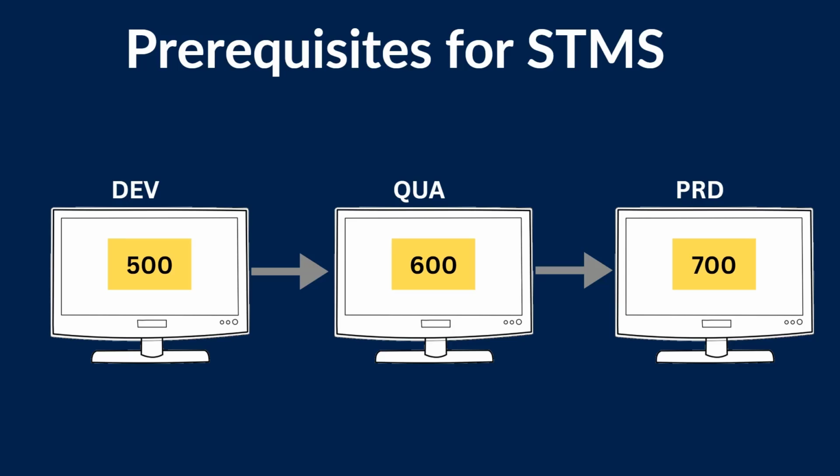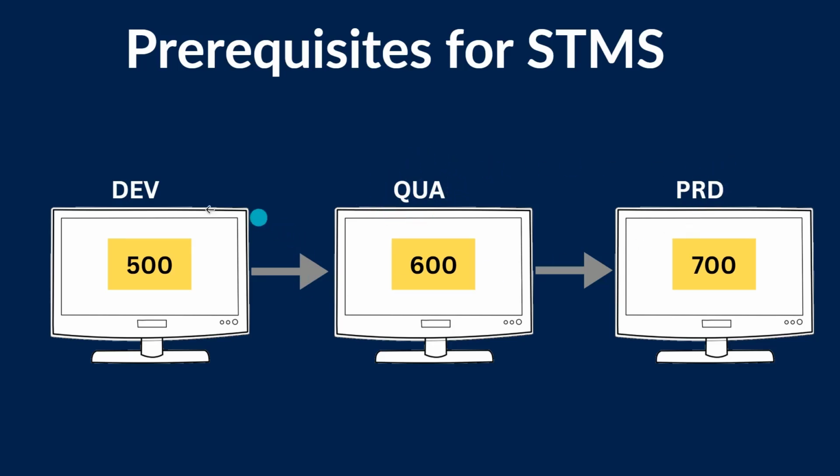And each system has a unique ID. As I told you, the SID should be unique. The SID is a three-character ID that starts with characters. For example, DEV for the development system, QUA for quality, and PRD for production.